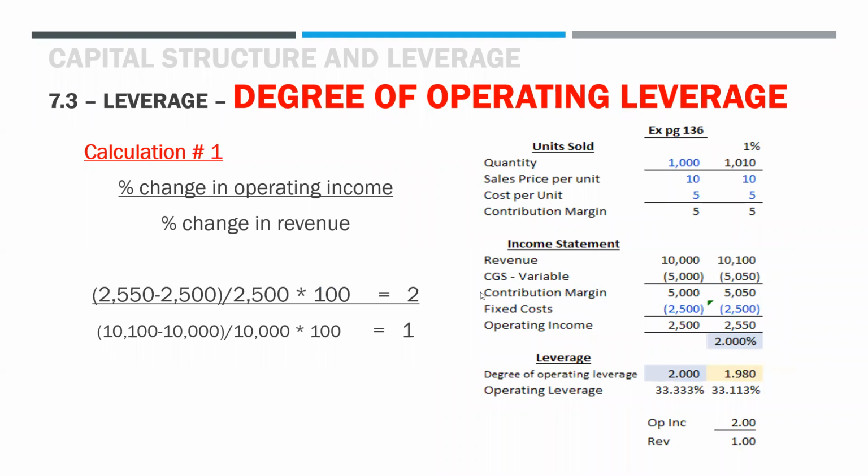Okay. So we'll look at a little bit of what's called degree of operating leverage. That discussion actually begins on page 134 and goes through to 136. So a few different ways of calculating degree of operating leverage as opposed to what the book has presented. Basically, one possibility is to take your percentage change of operating income and divide by your percentage change in revenue.